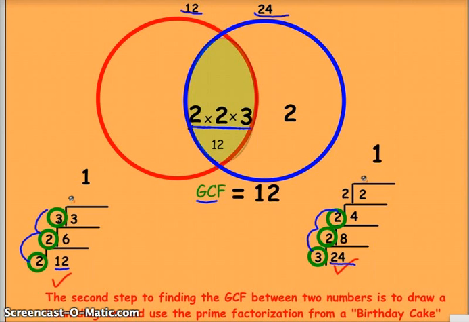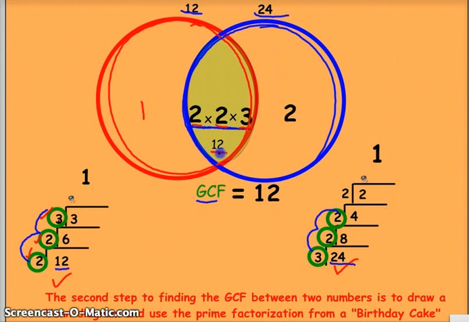The red circle is all the factors of 12, and the blue circle has all the factors of 24. For the red, I have a 2, a 2, and a 3, and no other factors left other than the 1. So 2 times 2 is 4, times 3, in fact, is 12. 12 equals 12, check.